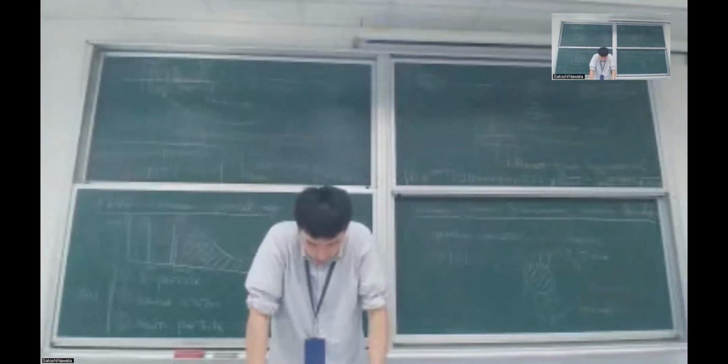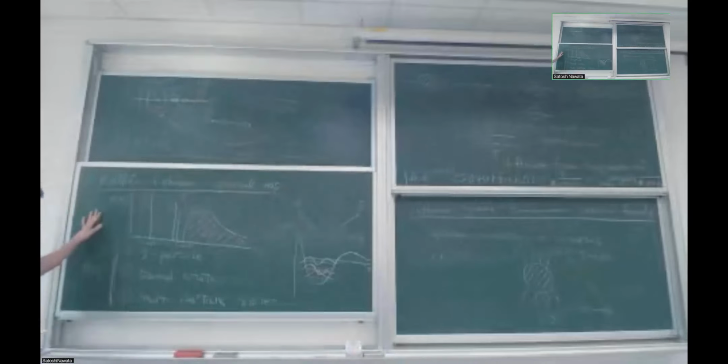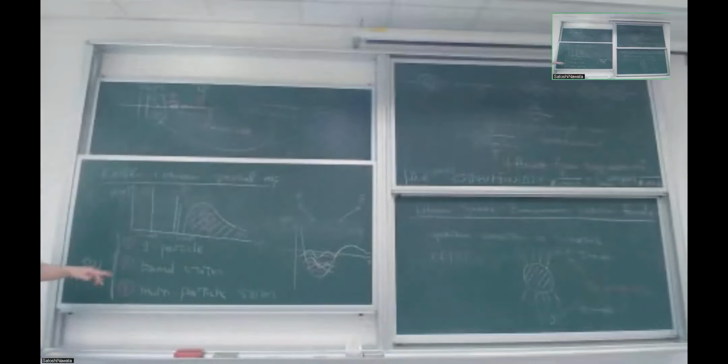In the interacting theory, we have to be careful that phi of x can create a one-particle state, bound states, and multiple-particle states.